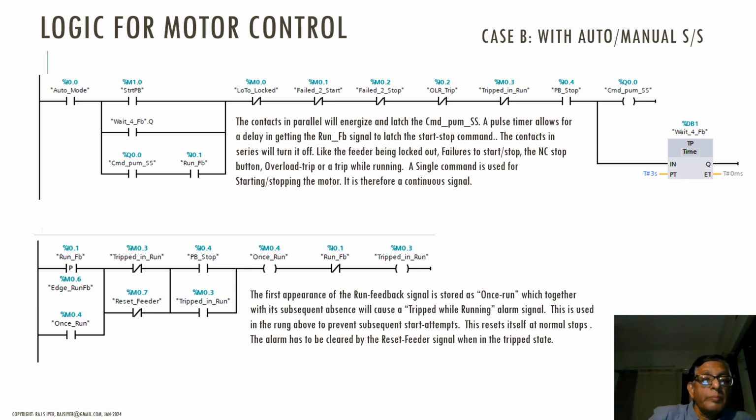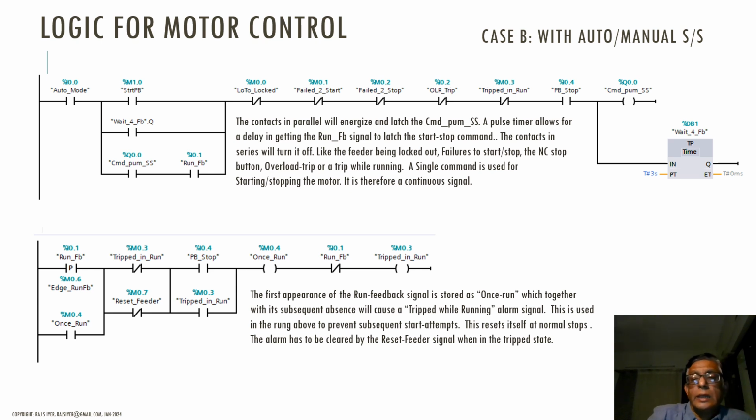So also the PB stop in parallel with the tripped in run means when there is no tripped in run signal, in the normal course, in case of normal operations, the stop command, the stop push button input, will reset this signal so that it doesn't unnecessarily raise an alarm.